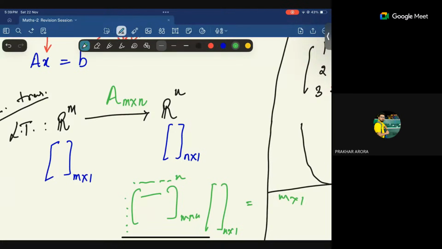Yes, so this is a little change here: this is n cross 1, so this is n, and this is m. Please correct the notations. I will tell you how to reduce this.